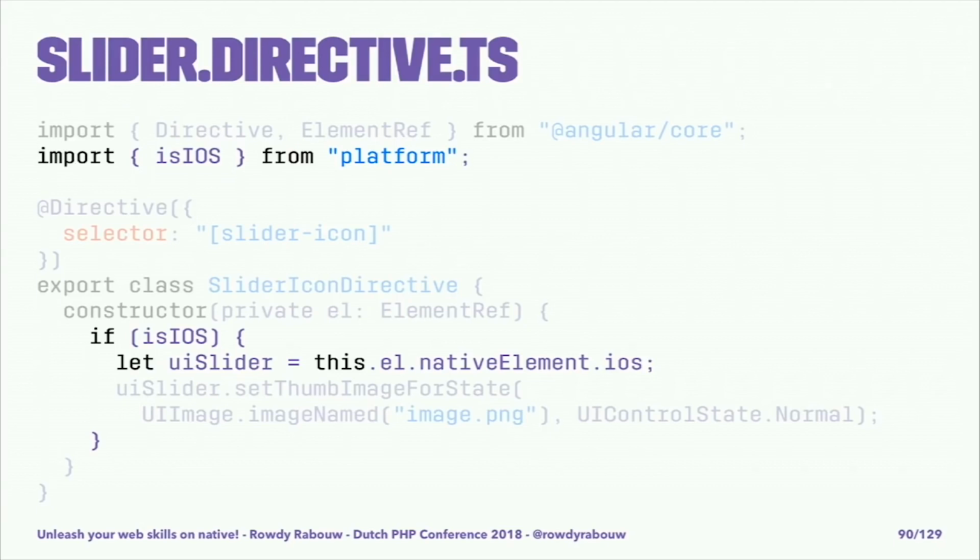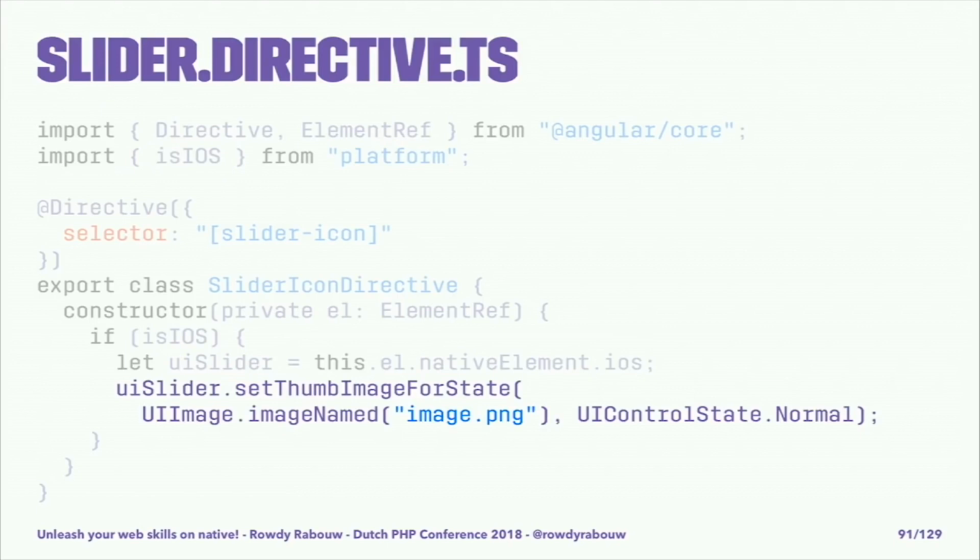If I would do this for Android, I would use .android. And the real magic is here. Because now I have a UISlider, and this setThumbImage forState, image named, UIControlState.normal, that's Objective-C. I don't know any of that stuff, but I can use it directly here in my code.